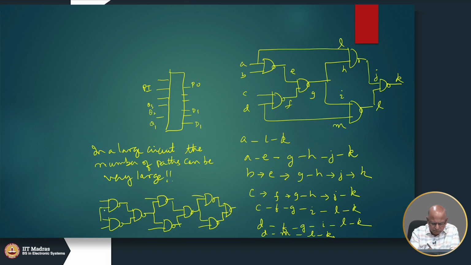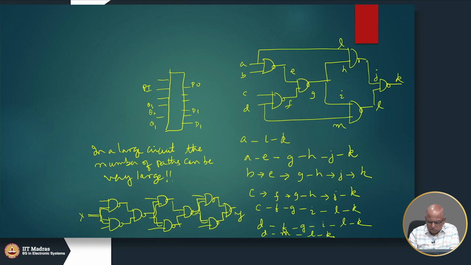If I have something like this, take this guy. There are two ways it can propagate here, and then two ways it can propagate here, and then two ways here. So from this input to this output, there are 8 paths. I can go like this and like this. That is one path. Then I can go like this and like this and like this. So there are 8 paths here.